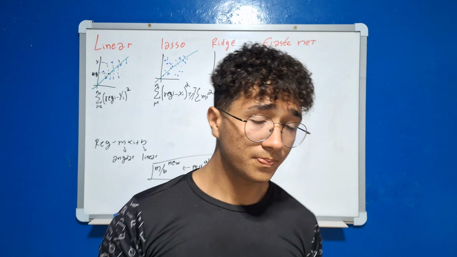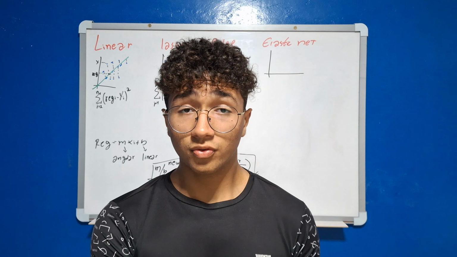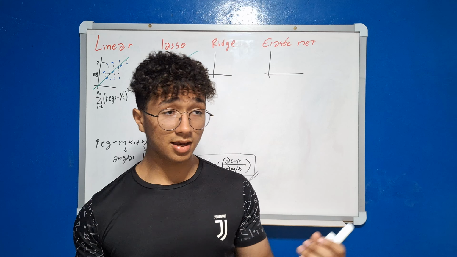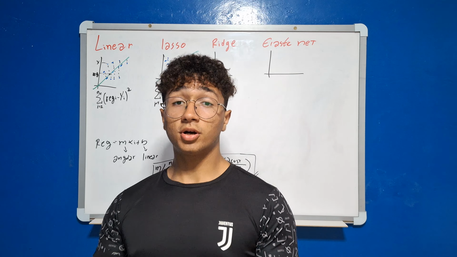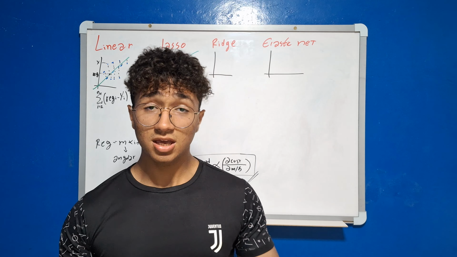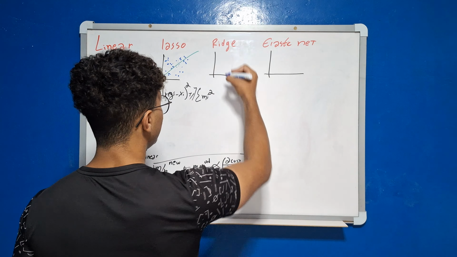But in the ridge, what does the ridge solve? The ridge is basically for when we have features more important than others, like big points, big guys here, big guys in blue.